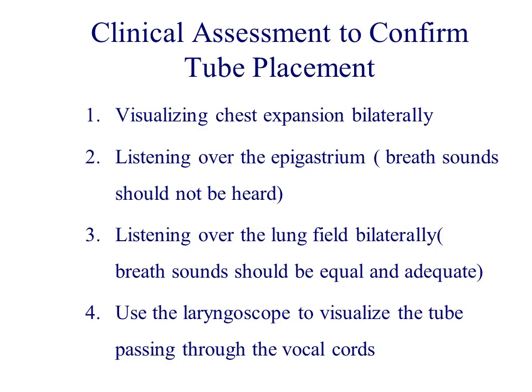Clinical assessment to confirm tube placement by inspection: while we are visualizing the chest expansion bilaterally, we look at the chest during inspection when the tidal volume is delivered, and the chest rises bilaterally, left and right, symmetrically. Listen over the epigastrium. The breathing sound shouldn't be heard over the epigastrium and should be heard equally on the lungs.